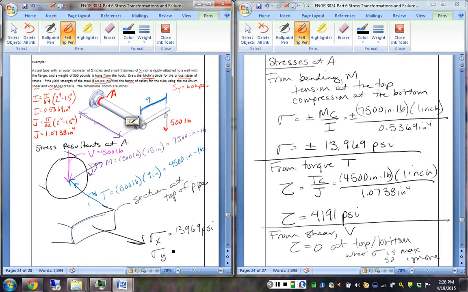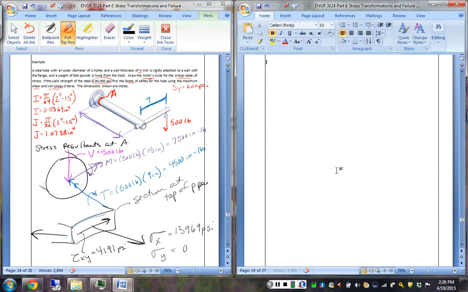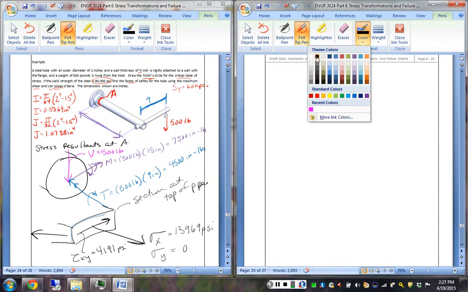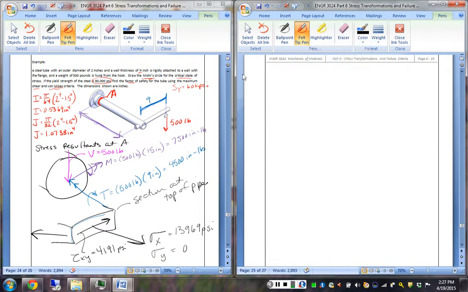We have a sigma y of 0, and we have clockwise shear stress everywhere. We have tau xy of 4191. So we can translate that into our stress state drawn in 2 dimensions.